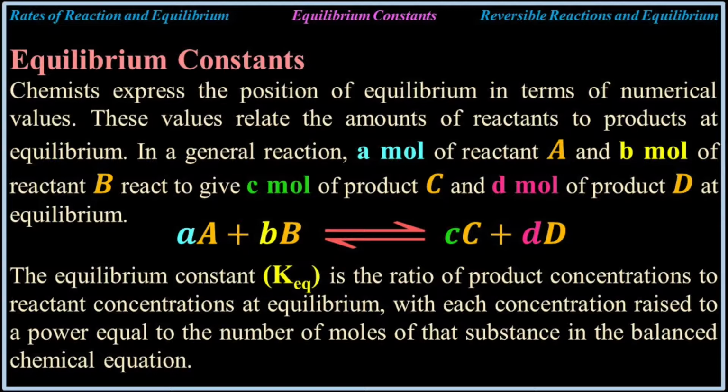Equilibrium constants. Chemists express the position of equilibrium in terms of numerical values. These values relate the amount of reactants to products at equilibrium.